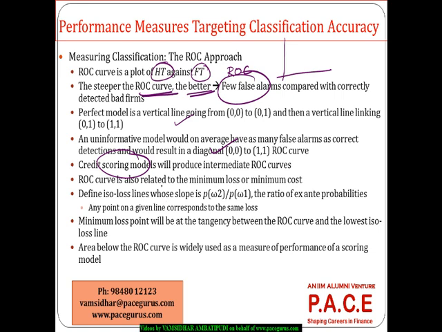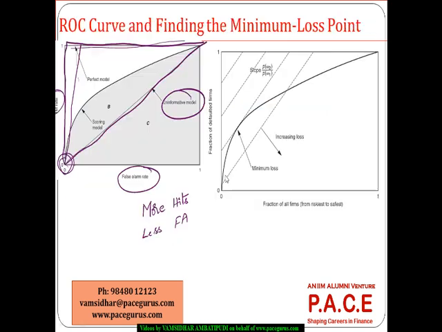We can also look at the ROC curve with respect to minimum loss or minimum cost. This is the model that we have plotted, taking the fraction of all the firms against the fraction of the defaulted firms. I am trying to draw iso-loss functions which have a slope of the probability of W2 divided by the probability of W1.